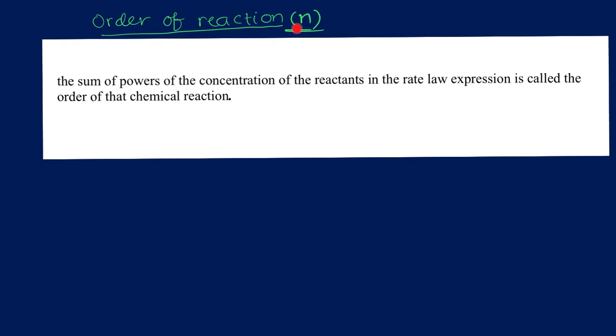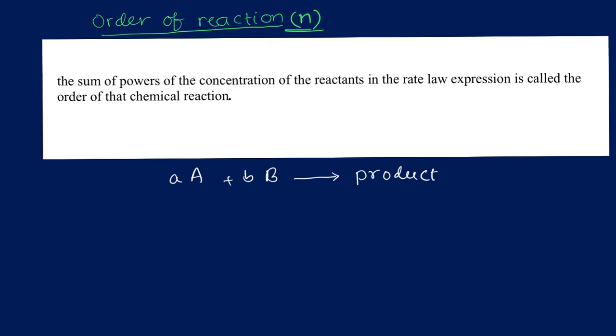Order of reaction is denoted with the small letter n. The definition of order of reaction: the sum of powers of the concentration of the reactants in the rate law expression is called the order of the chemical reaction. Now this can be explained the same way: a moles of A plus b moles of B gives rise to product.